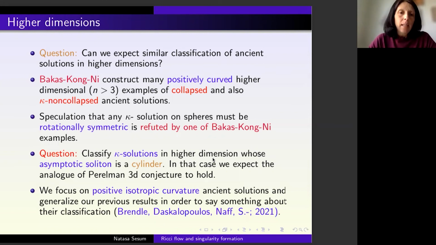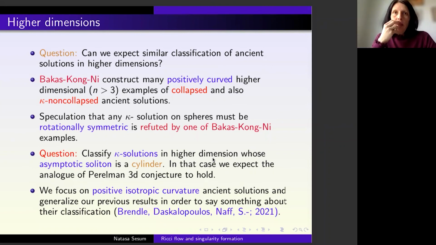Okay, so we haven't done that so far in higher dimensions, but we did consider higher dimensions more recently together with Brendle, Daskalopoulos, and Naff, where we focused on another curvature condition, which is positive isotropic curvature. Under those conditions, we managed to show that many properties that we have in the 3D case also persist.